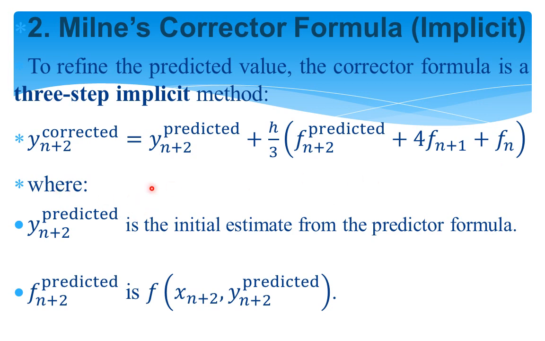You know what this is? Milne's corrector formula, implicit. Now you can see here y(n+2) predicted is the initial estimate from the predictor formula. f(n+2) predicted is f of x(n+2), y(n+2).